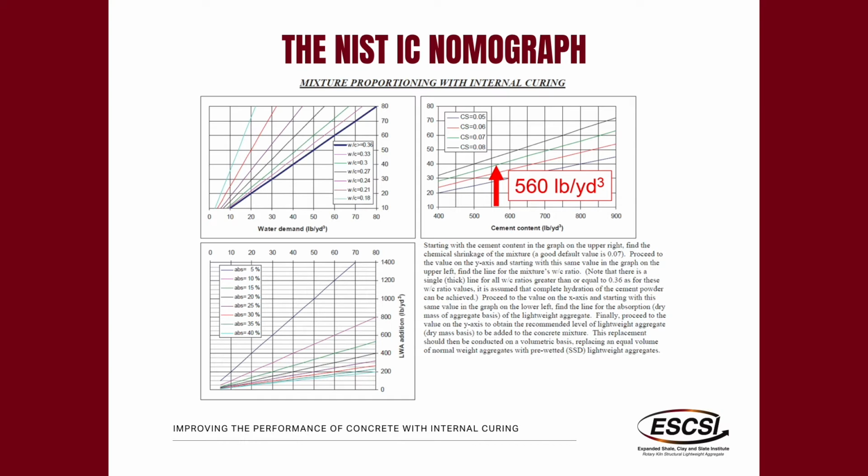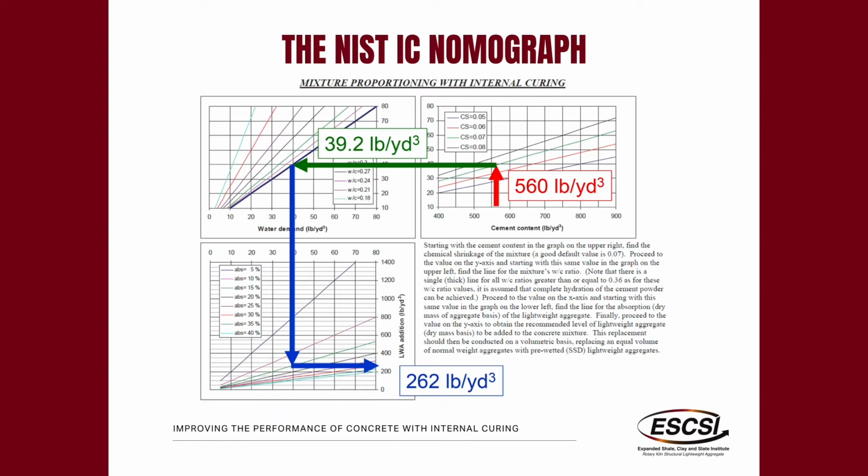When you hit that green line, you take a left-hand turn, right? You go horizontally across, and you pick off, for your given water to cement ratio, the water demand, which here happens to be 39.2, in terms of your water that's going to be inside of your system. You drop that down, and you need 262 pounds of aggregate because each one of these lines corresponds to an aggregate with a different absorption rate.